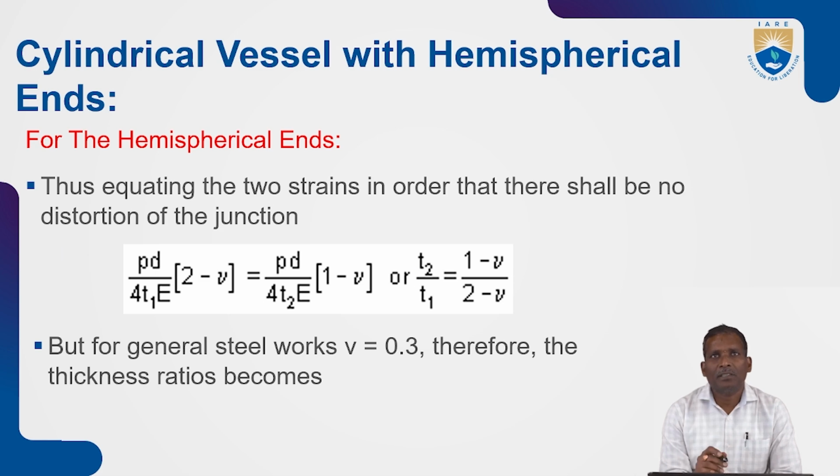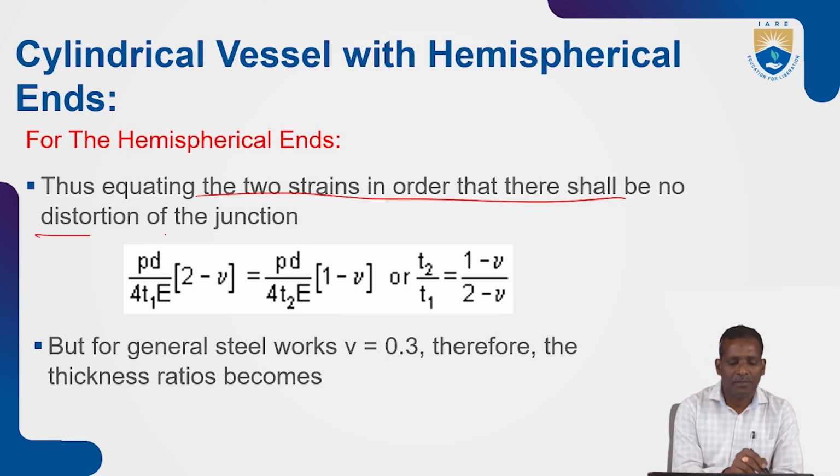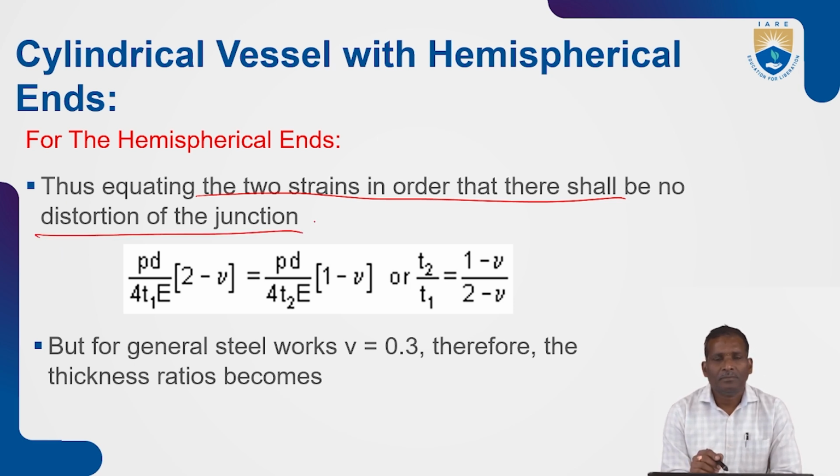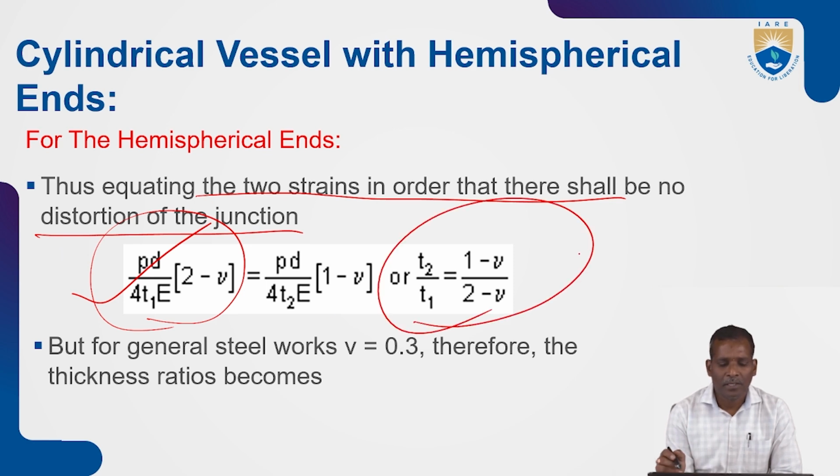Thus, equating the two strains in order that there shall be no distortion of the junction, that is PD by 4T1 E into 2 minus mu is equal to PD by 4T2 E into 1 minus mu.